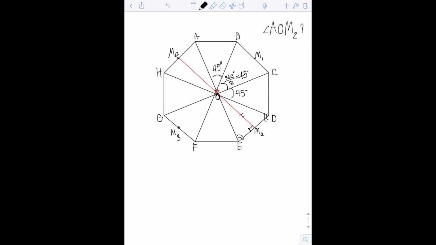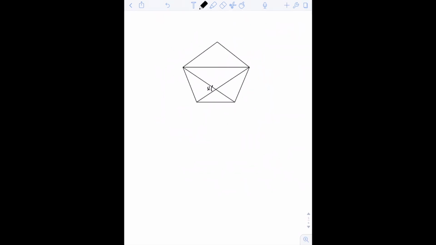Also, they share OM2. So these two triangles, OEM2 and ODM2, are congruent. And that means that these two are each 45 divided by 2 degrees. So the measure of AOM2 is 45 degrees 3 times plus 45 over 2 degrees, which is 315 over 2 degrees.